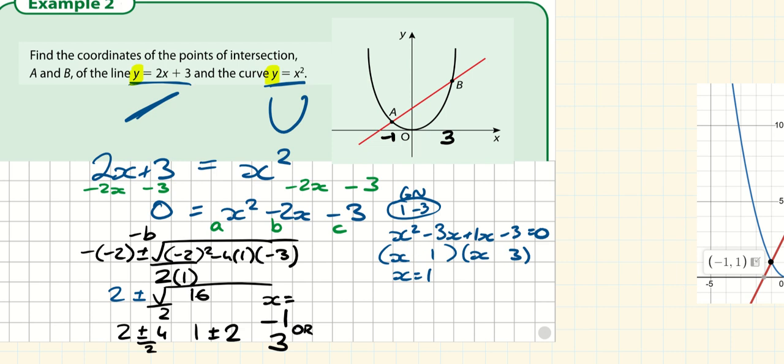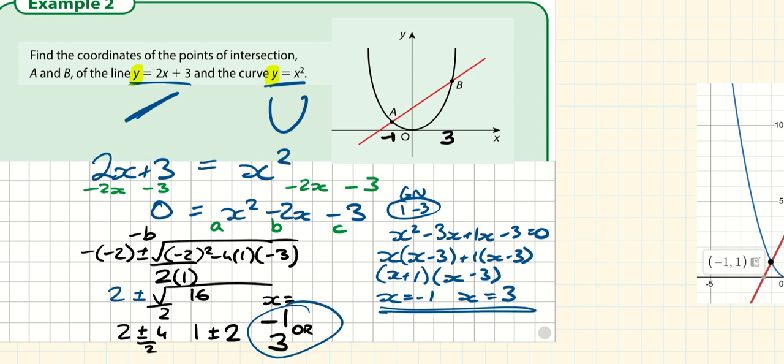Sorry, got the signs wrong. So that's x minus 3, plus 1, x minus 3. So you get x plus 1 and x minus 3, of course. So you get x equals minus 1 and x equals 3 when you solve it. Again, you're getting the same answers regardless.